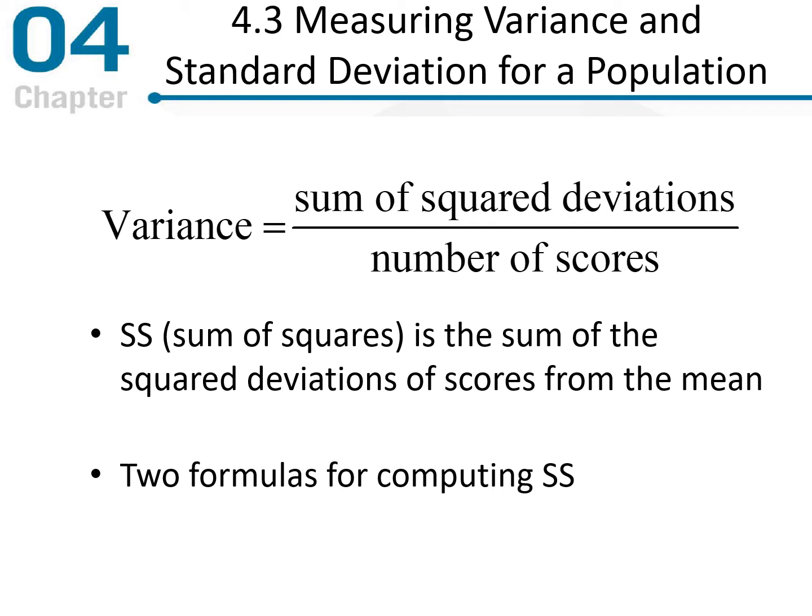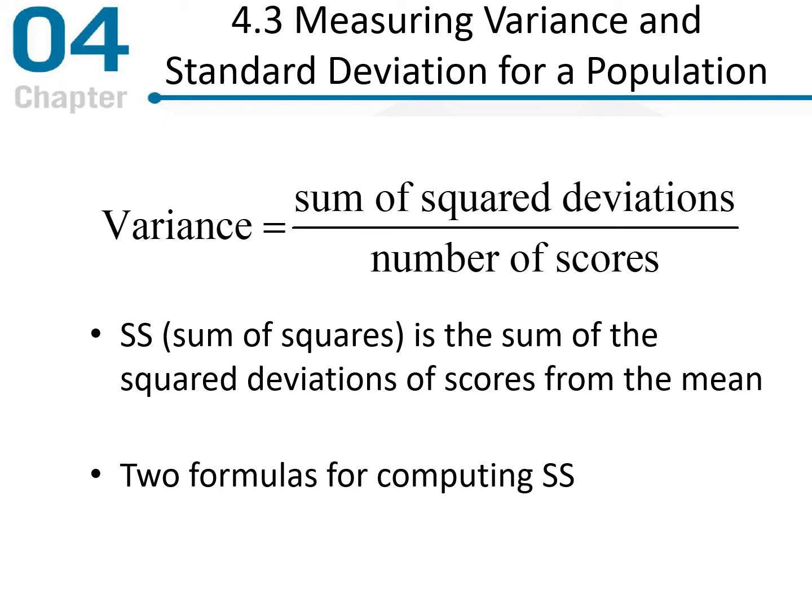For the population, as I mentioned, the variance is the sum of squared deviations about the mean divided by the number of scores. There are two different formulas for computing the sum of squares. What we talked about at the beginning of this chapter is called the definitional formula.